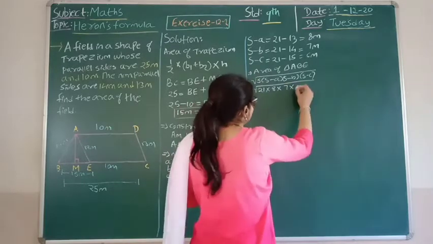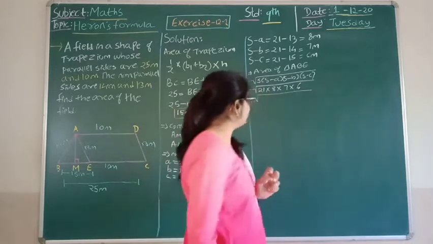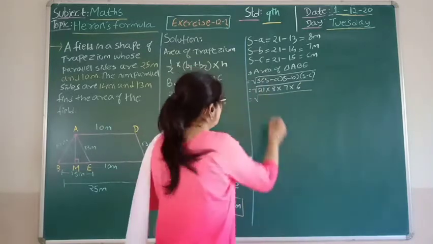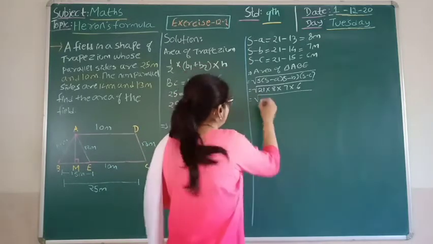Now, how can I factorize this? 7 threes are 21, so I am writing this as 7 into 3.